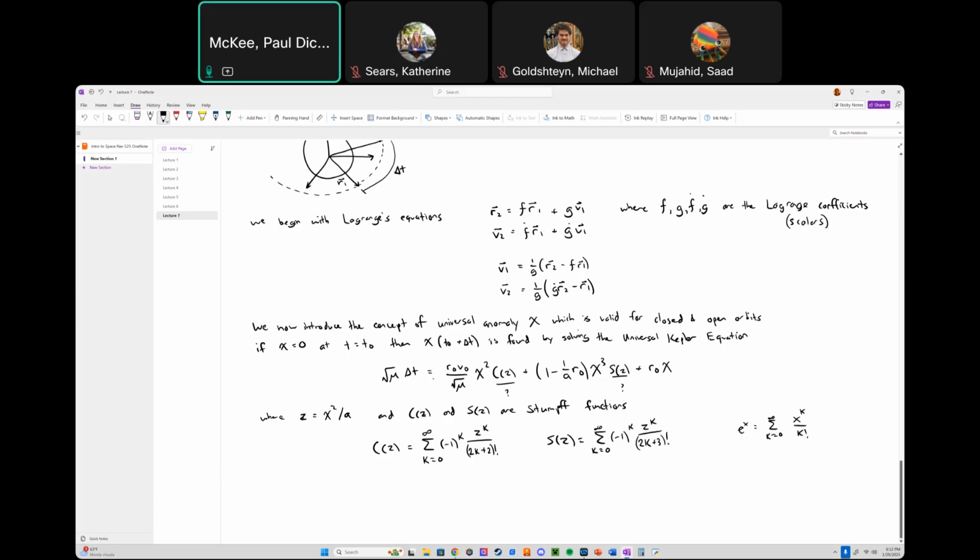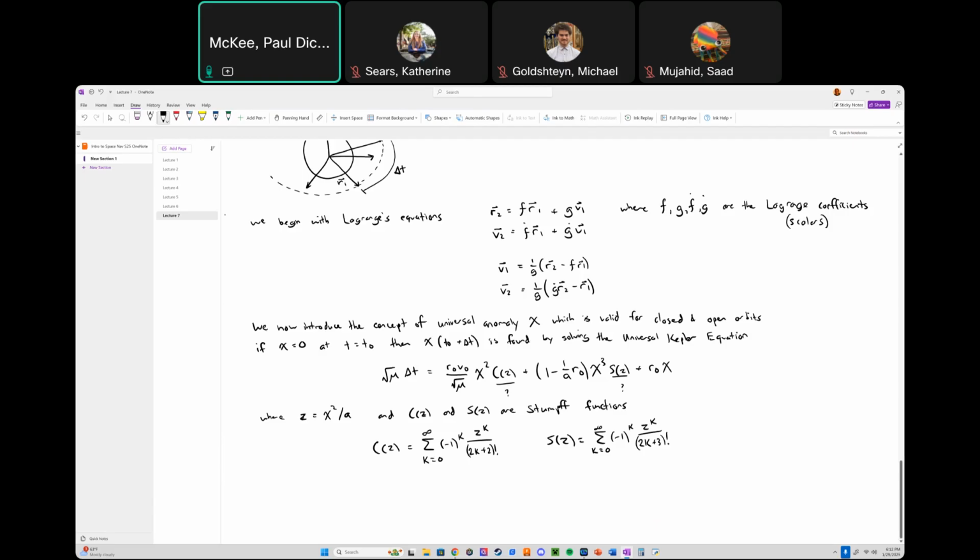Point is, this is a class of function which, while it looks like it's kind of out of nowhere, isn't that different from the exponential function. Maybe we shouldn't be too shocked that we see Euler stuff popping up here, or something that's kind of Euler adjacent. But anyway, here we have C of Z, S of Z.